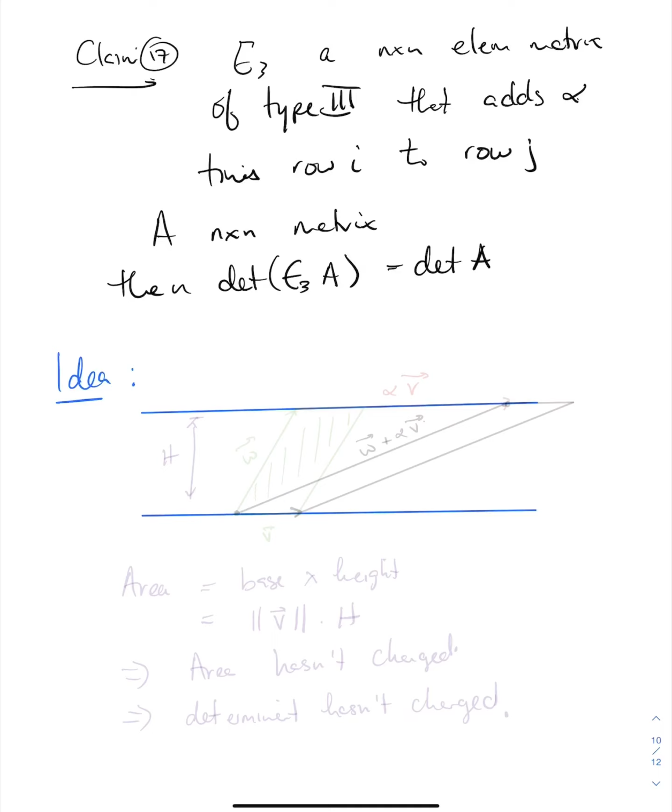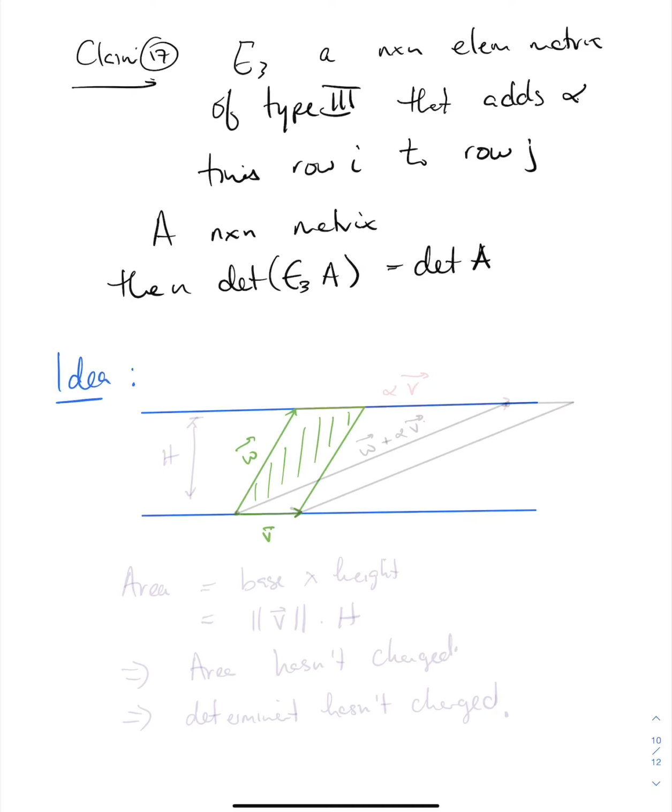Say I've got my 2 vectors. Here's my vector v, and here's my vector w, and they determine some kind of parallelogram. All right, well, let's see what happens if we think about alpha times v.